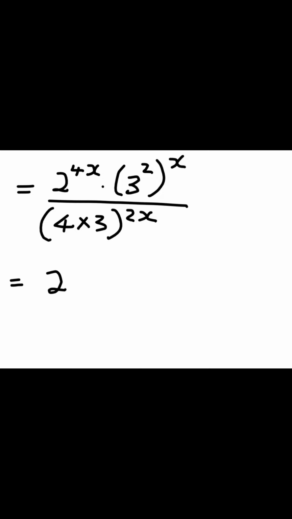This base of 2, we can no longer simplify further. It just remains as its smallest base. Then here you apply that law which means you end up having 3 to the exponent of 2x. And then this is being divided by, very important, be careful when it comes to this one.